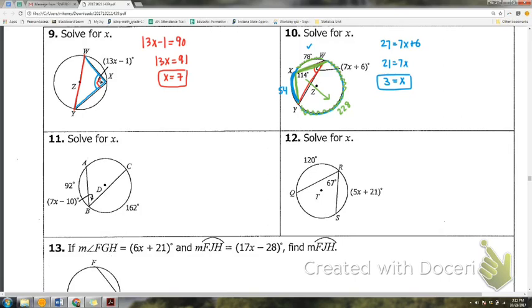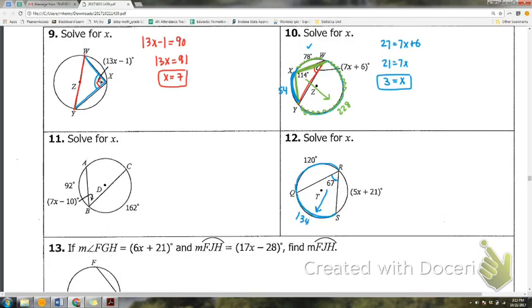Let's look at number 12. On number 12, we've used up 120. We could figure out how much is being used for arc QS because this angle is 67. Remember, we double it to get the arc, so 67 times 2. This arc right here is 134.